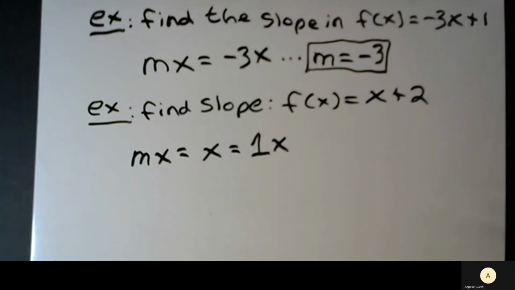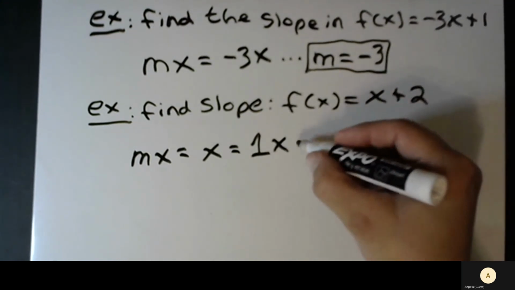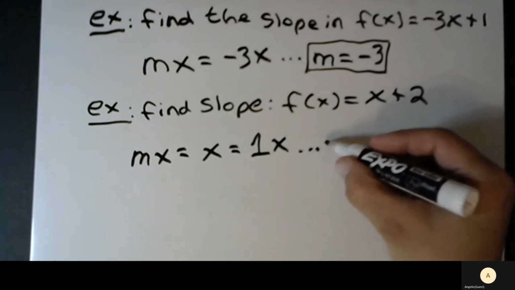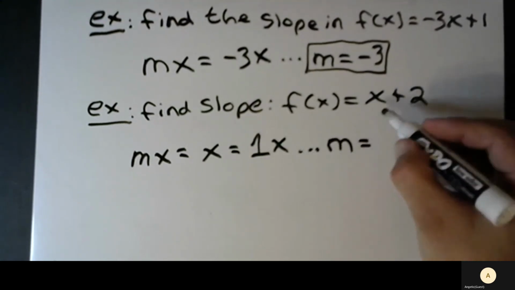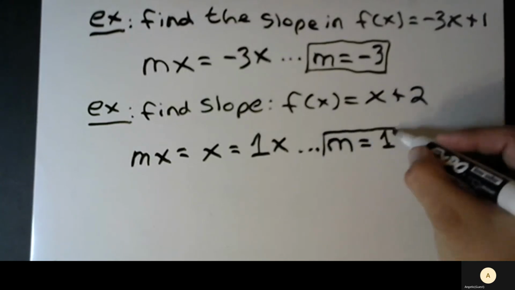When you have a variable by itself, there's an invisible 1 in front of it. So the m that's attached to the x here, that slope is 1.